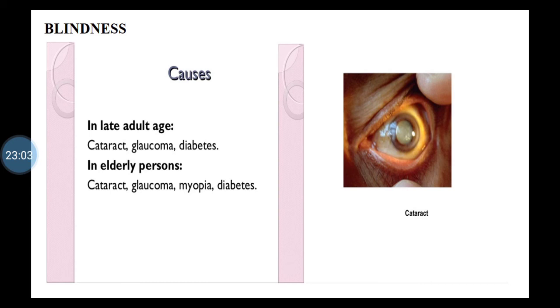Persons who work in industries and mines may get eye injuries. Then faulty posture, glare, that is bright light or poor light, can also give rise to blindness. Many times, if some eye problems are there and treatment is taken from quacks, meaning bogus doctors, that also can give rise to blindness.